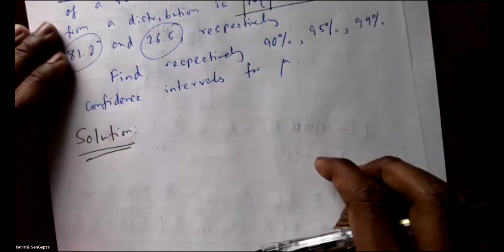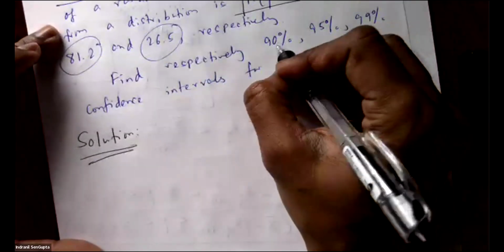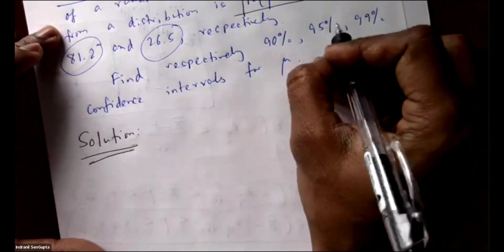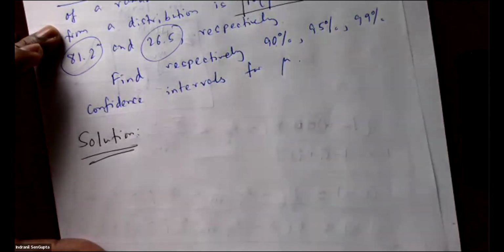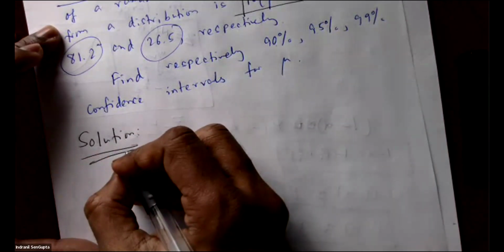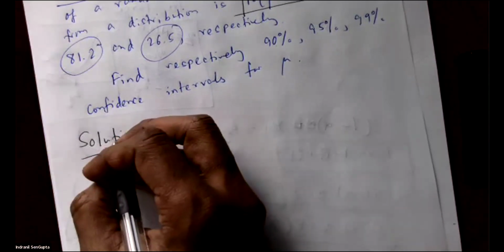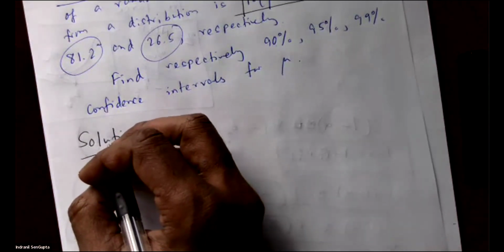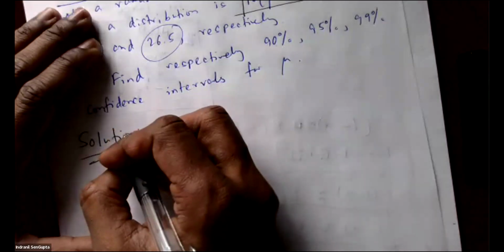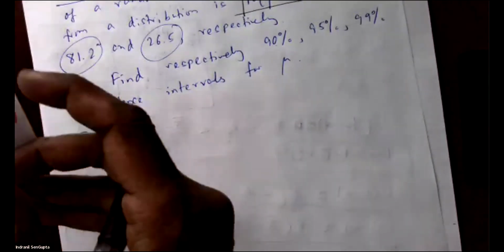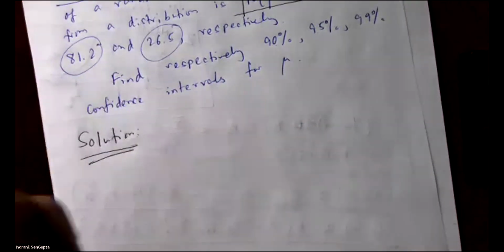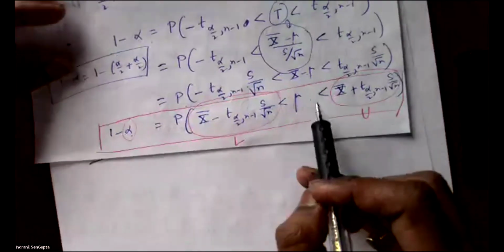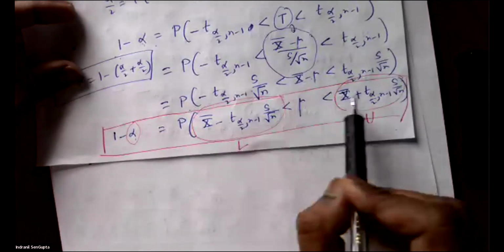So we have 90%, 95%, and 99%. When we wrote this result, mu is between these two.